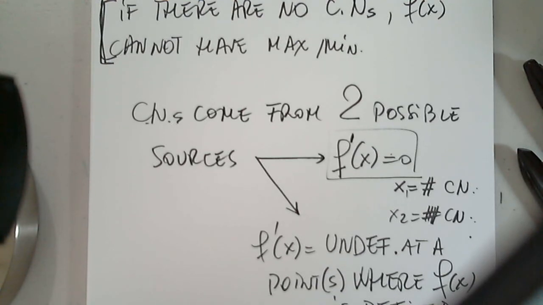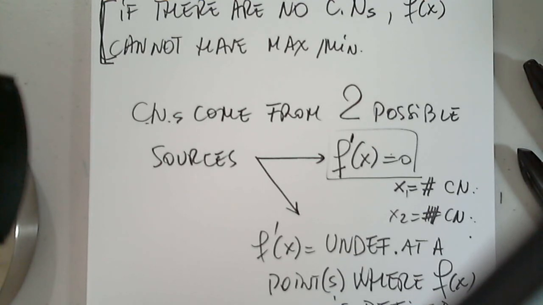Excellent. Why? Because the function has a cusp. Excellent. So at this point, this will be a critical number for the function. Why? The derivative does not exist. The function does exist, and it will be a relative minimum.